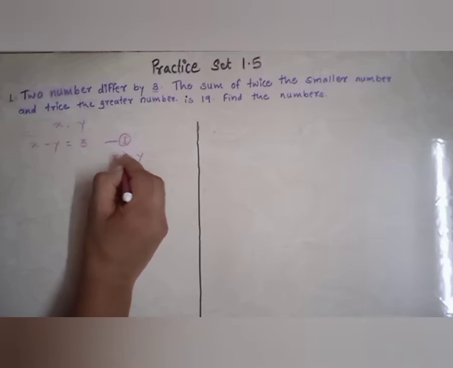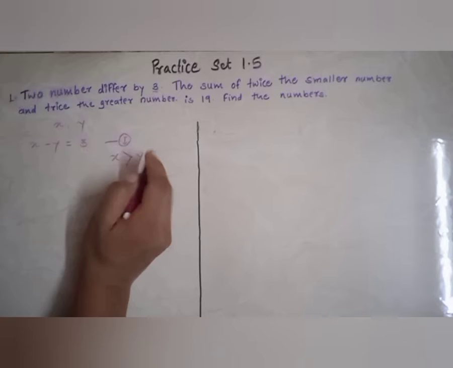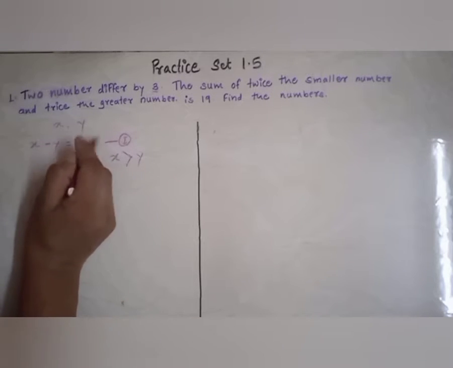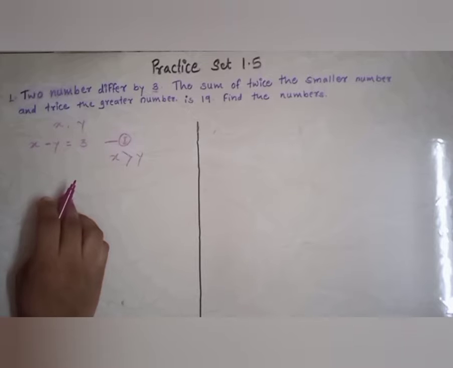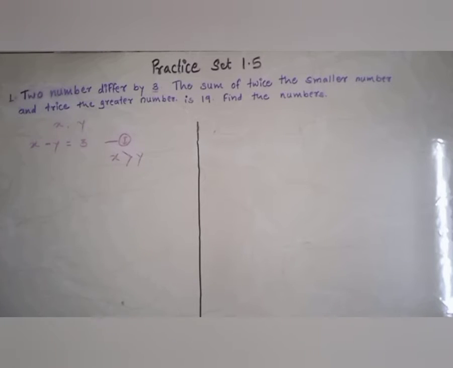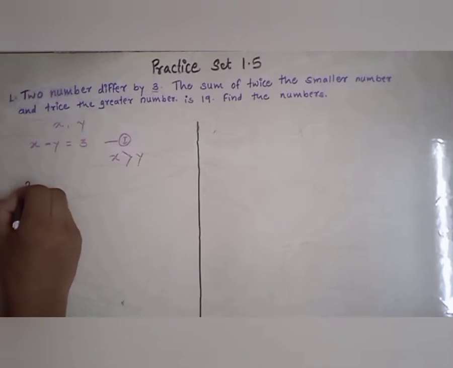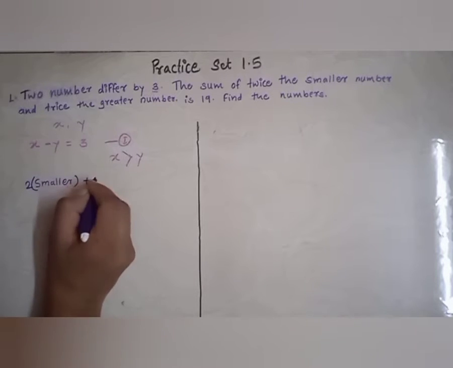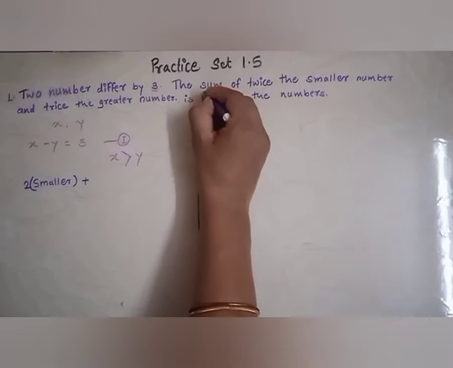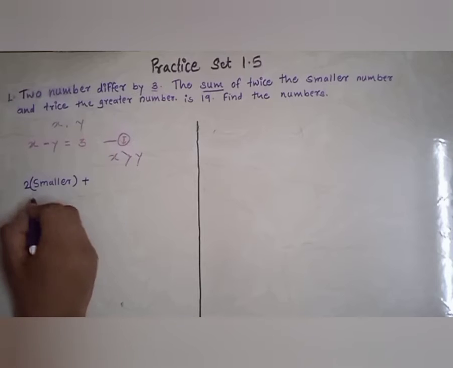This is the condition which is required for making the second equation. Consider the second one: the sum of twice the smaller number and thrice the greater number is 19. Twice the smaller number means multiply 2 with the smaller number, and summation means plus, thrice of the greater number.